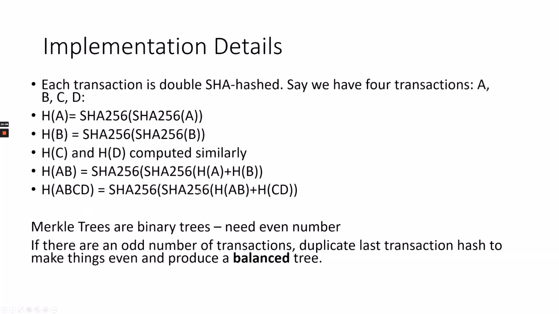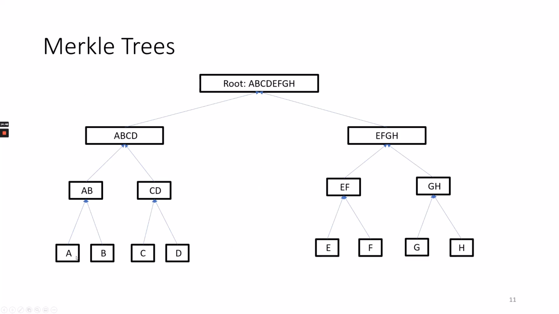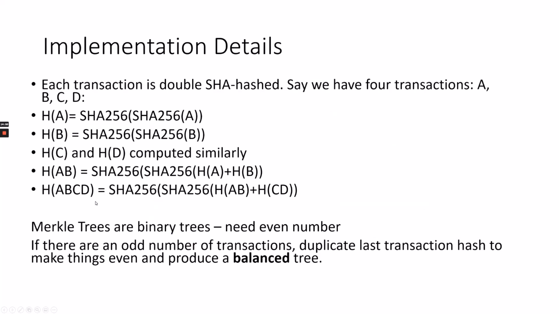Next, for example, let's go from A and B to AB. How do we go from here to here? We take the hashes of A and B by double hashing, and then to compute the hash of AB, we concatenate the hash of A and the hash of B, as you can see here if you follow my mouse.